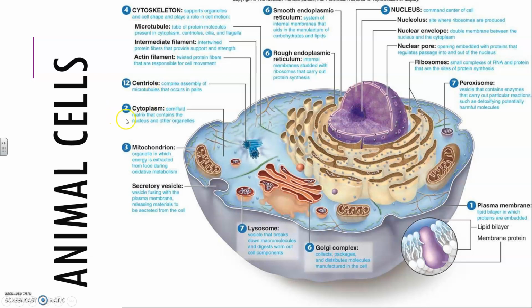We talked about the cytoplasm, the gel-like fluid that contains all of the organelles and keeps them a little bit separated. We talked about the mitochondria, where metabolism takes place to create usable energy for the cell, the lysosomes, which are the digestive components of the cell, and the Golgi apparatus, which collects all of the proteins, processes them, and ships them out around the cell where they're needed.